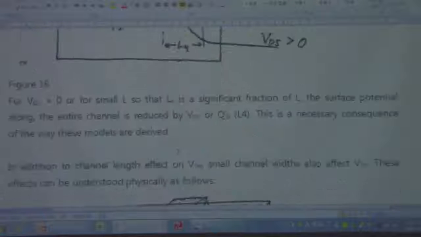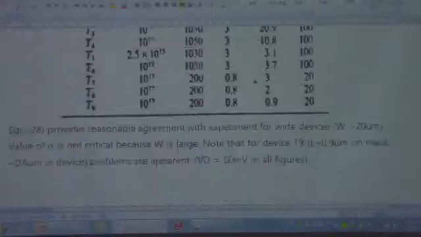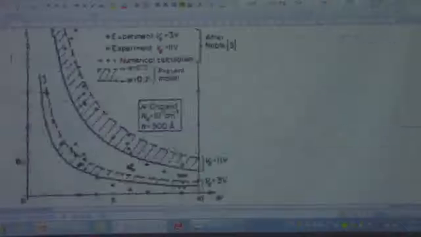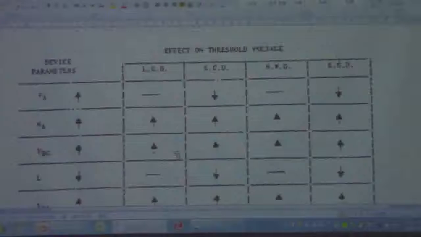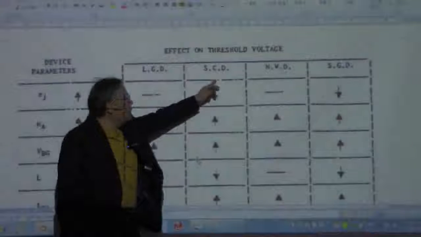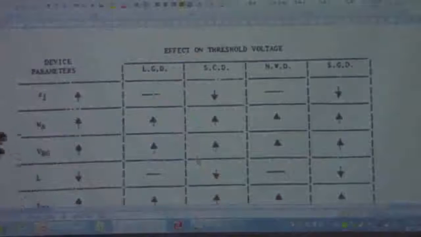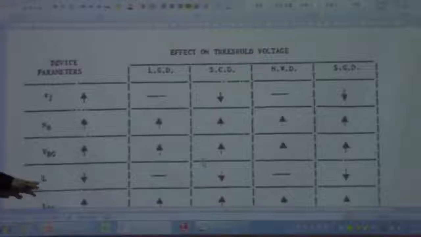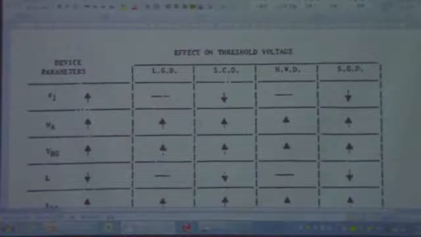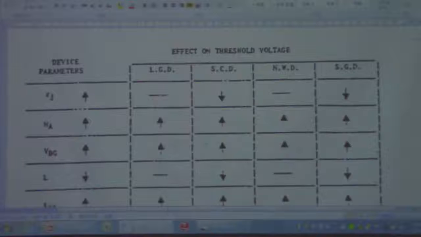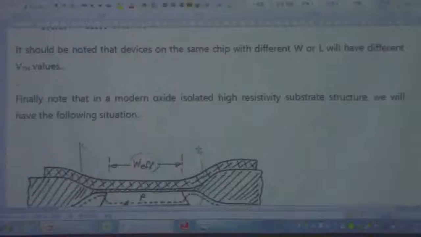And then we have summarized those effects, and then we can see that this is a long gate device and a short channel device, things like that, narrow width device, short gate device, and then these are the terms, the RJ, the curvature, and the source and drains, and substrate doping, etc. And then we have deduced the relationship between these two thresholds in terms of the threshold voltages.